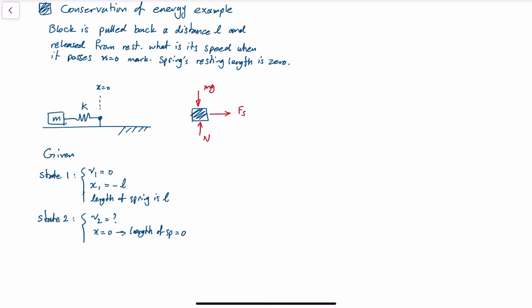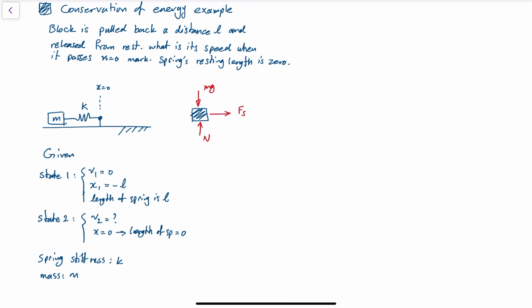So a spring will become unstretched at that point. I know a few other pieces of information. For instance, I know the spring stiffness is K, mass is M, potentially useful.